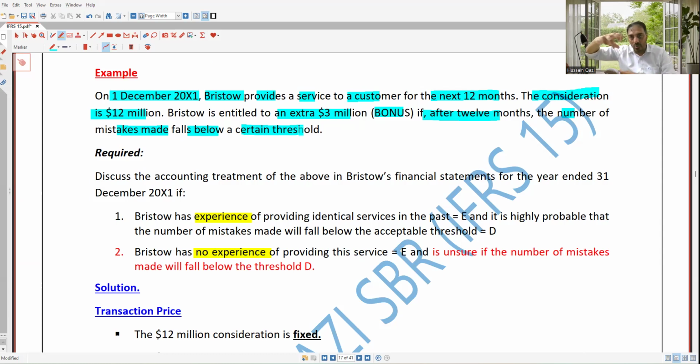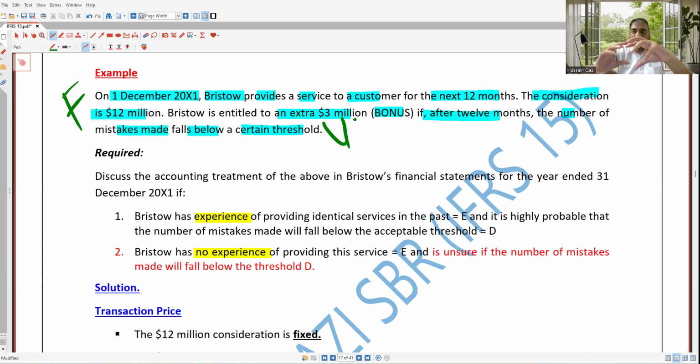Number 1, you need to pick the transaction price including some fixed component. This is fixed. And some components are variable. That's important. Some fixed, some variable.